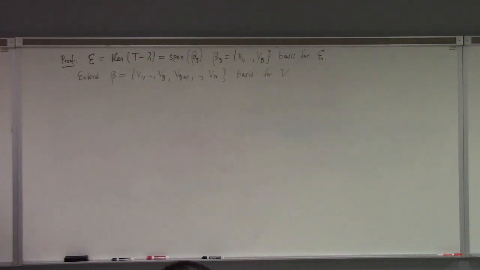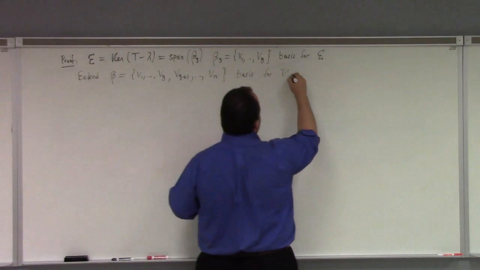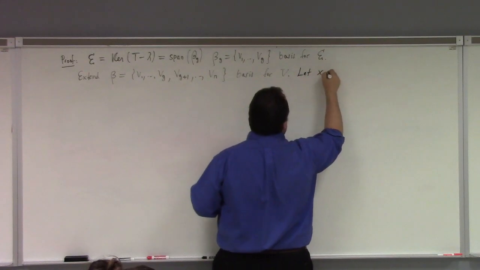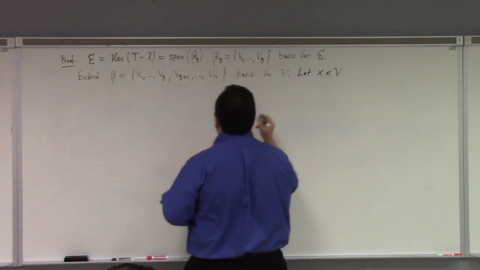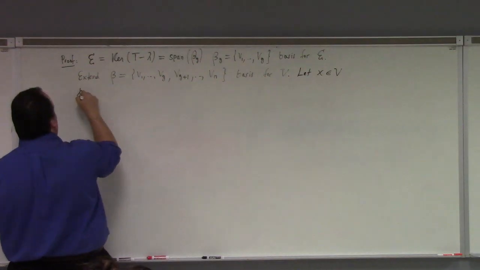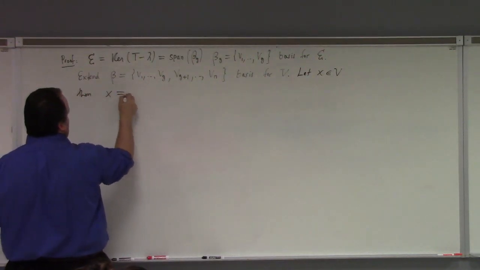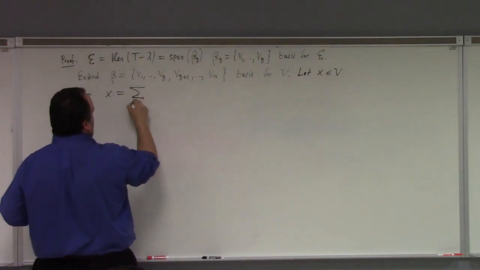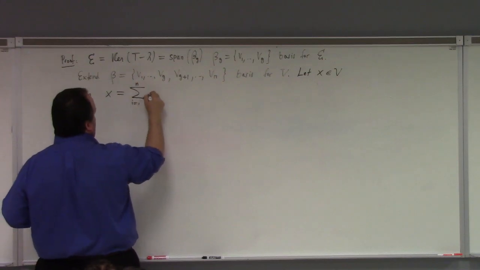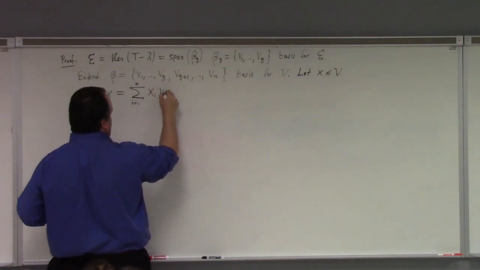So then what? All right. Let x be an arbitrary element of V, right? And what can you tell me then? x is what? The sum, i equals 1 to n of x sub i, v sub i, right?